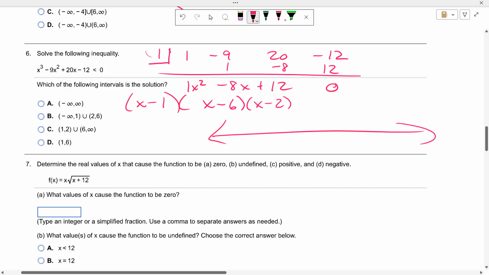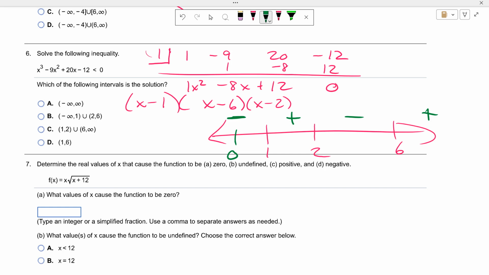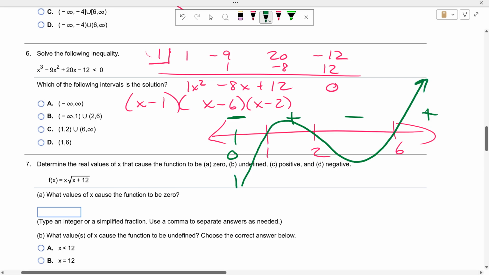So our points that we're graphing are 1, 2, and 6. So if we put in a 0 here, we get negative 12, so it's negative here. And then in between each one, the signs should change, right? Because there's no double roots, there's no second power roots, so it should change. So it should go like this, this, and this.